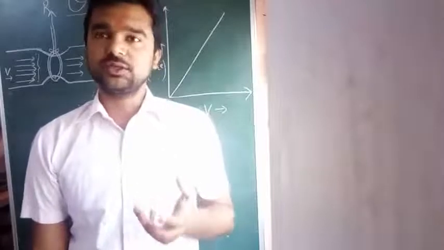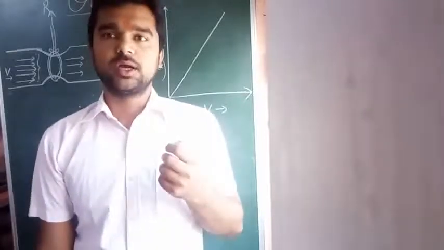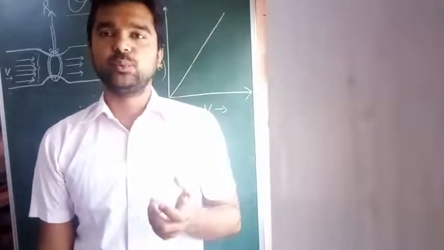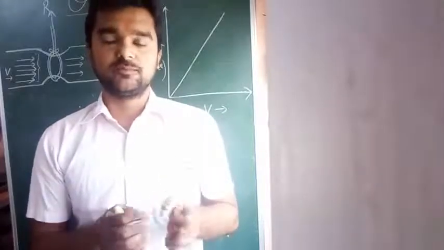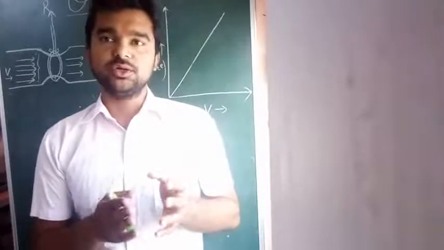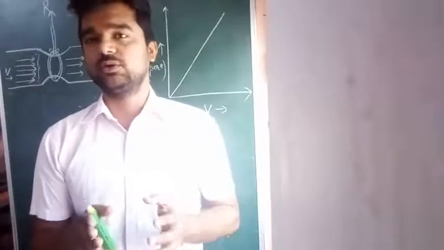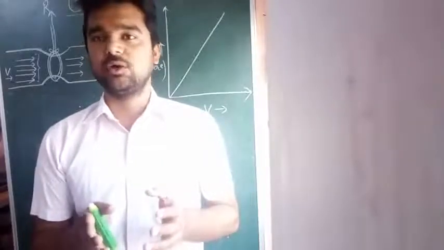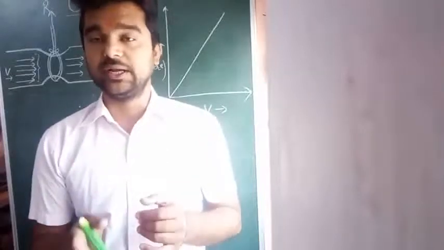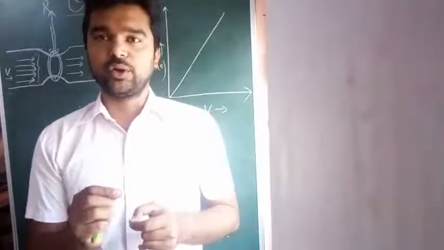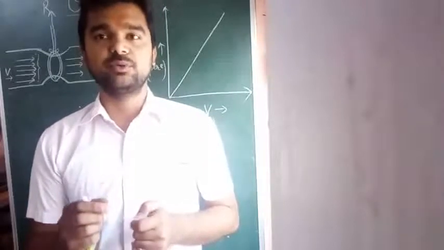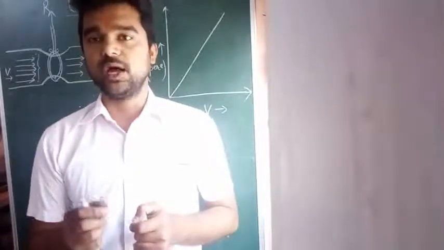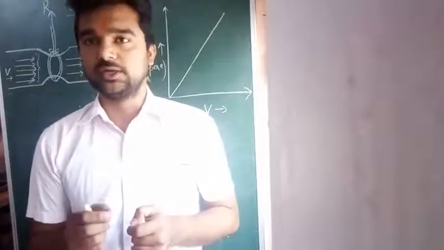So at a constant temperature, the current flowing through a conductor is directly proportional to the potential difference applied across the ends of the conductor. I repeat, the current flowing through a conductor is directly proportional to the potential difference applied across the ends of the conductor.